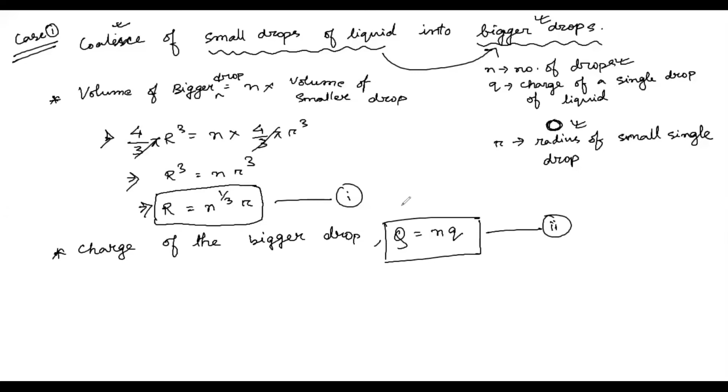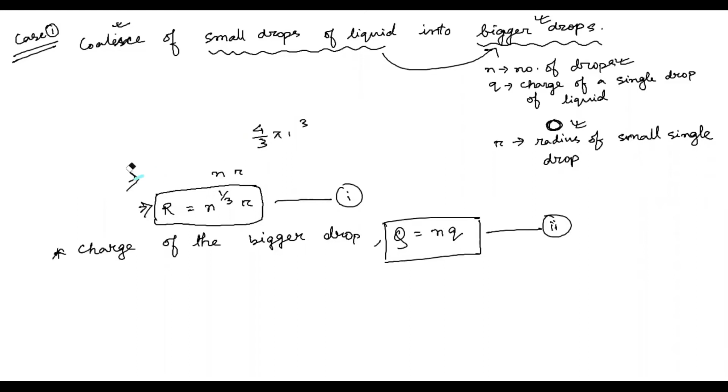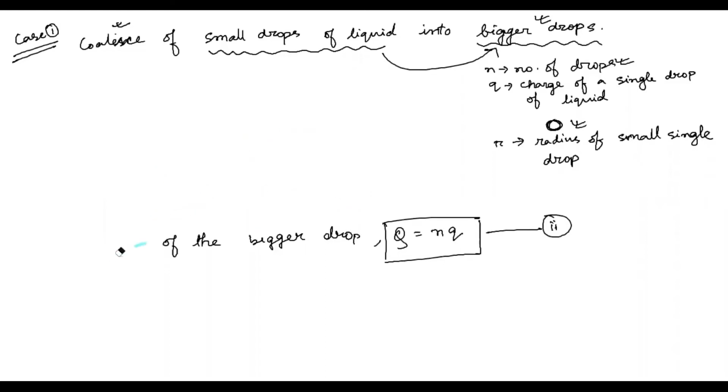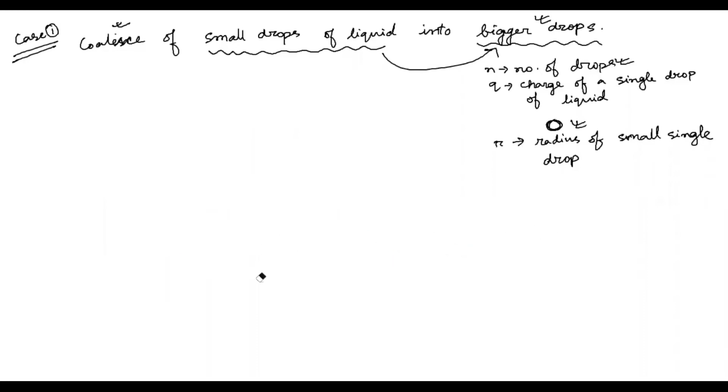Now our third point is we will be finding the potential of this bigger drop. So for this, we will recall the potential expression for a spherical shell. Like we have done, when we consider a spherical shell, what should be the potential acquired by the spherical shell.